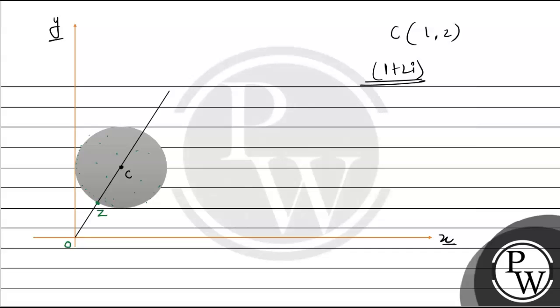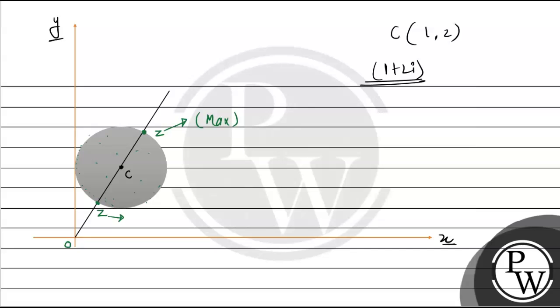And z which is at this point, let's say it's a z dash, so this z will be maximum because it is having a maximum distance from our origin, right? So with this we can understand that this one is the maximum z and this one is the minimum.